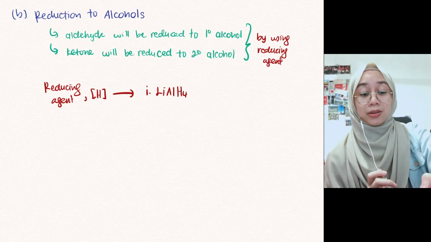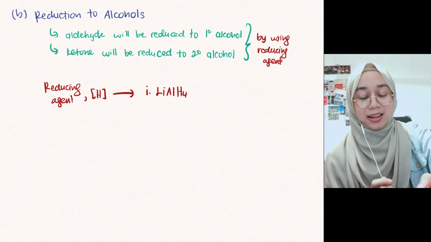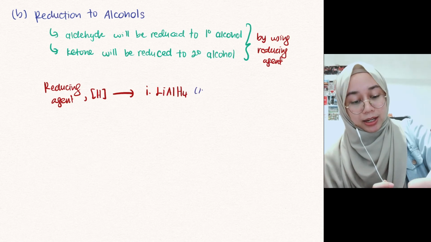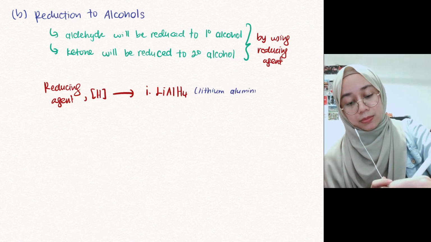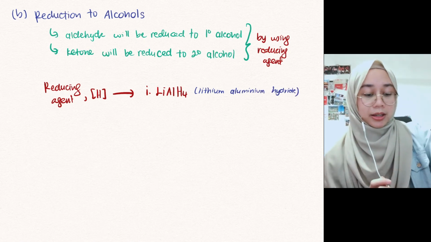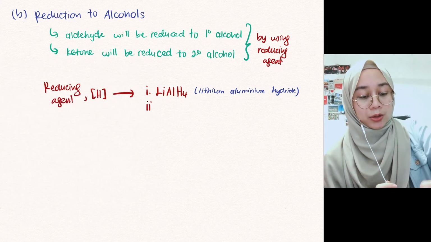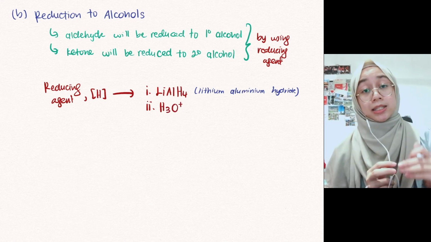Okay, so ini lithium aluminium hydride, LiAlH4. Okay, so kita tulislah nama dia supaya kamu ingat. Lithium aluminium hydride. Okay, and then at the same time, yang kedua dia pula, it is followed by H3O+, hydronium ion.